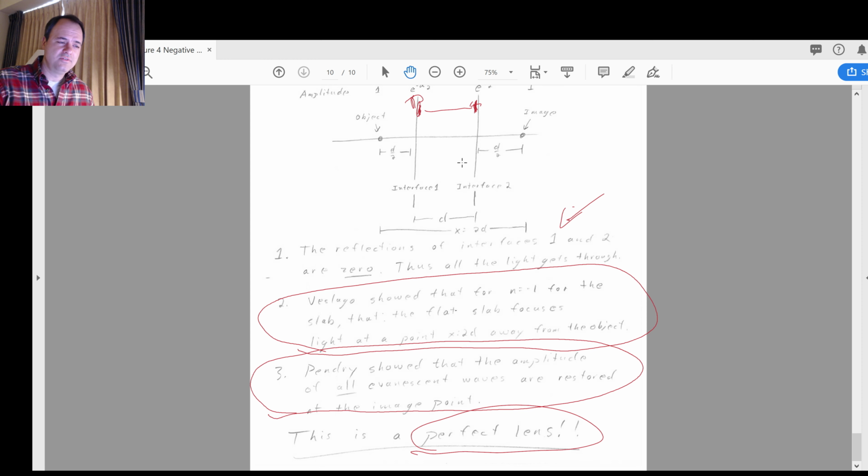And that's just due to the fact that to make negative epsilons, negative mu's, we have to use, in the past, a lot of metallic structures. And within metals, you always have non-idealities where the optical energy is transformed to heat and heating up the metal, scattering off of irregularities and all sorts of other things. So you have a lot of loss with the materials we can make right now.